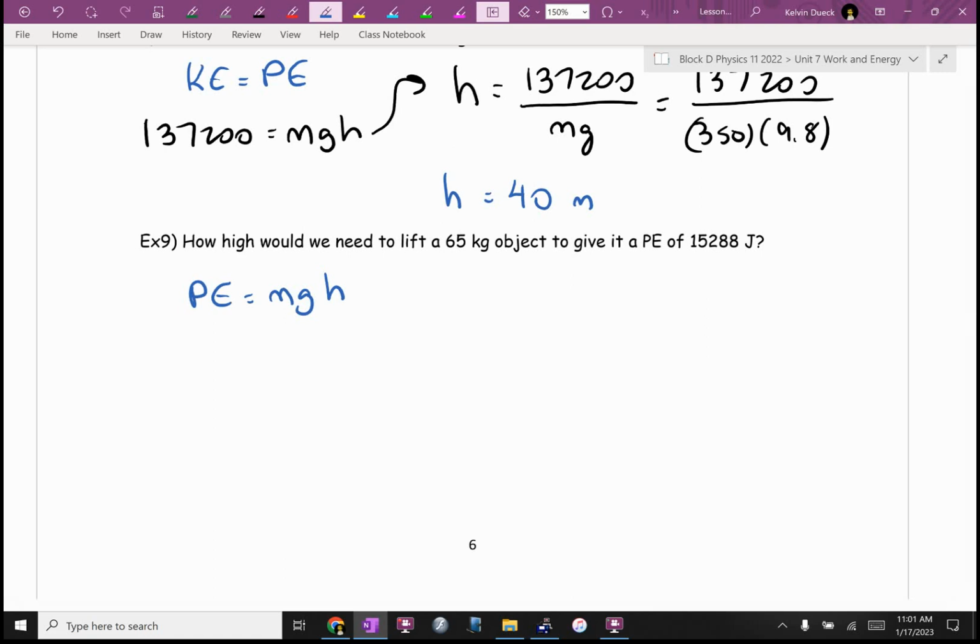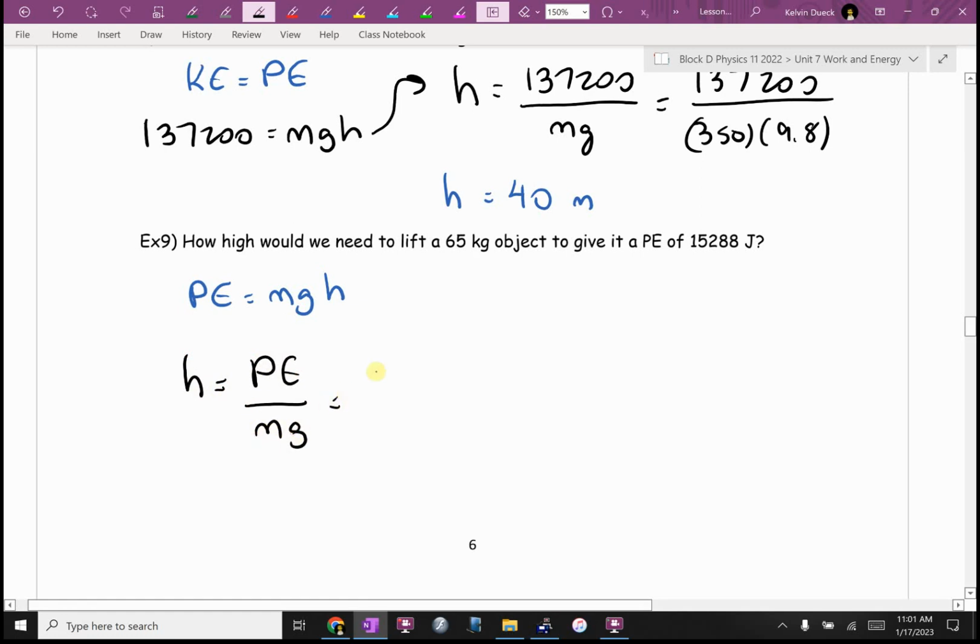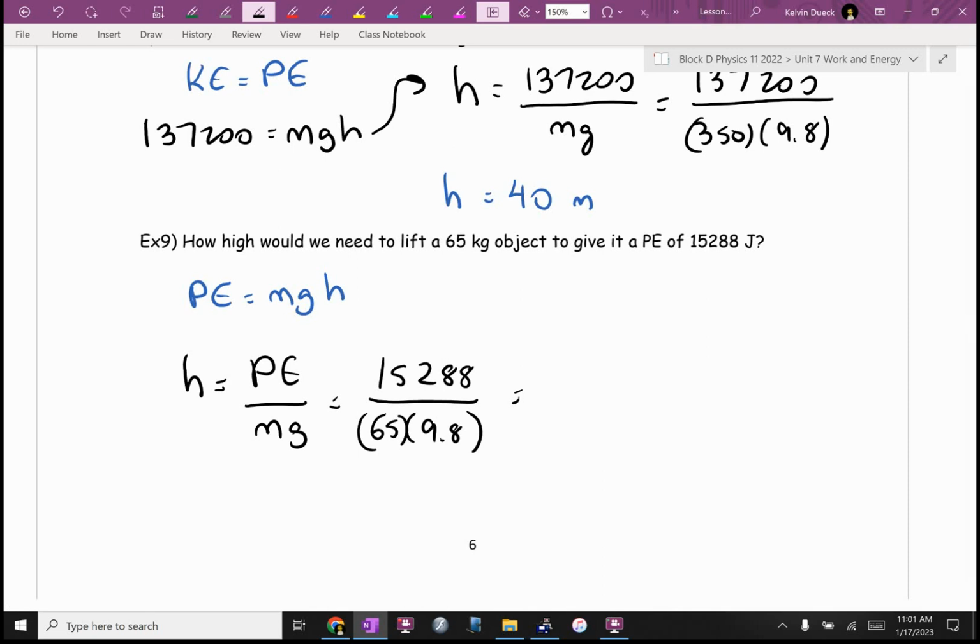I'll divide it over. H is going to be PE divided by mg. It's going to be 15,288 divided by 65 times 9.8. Should be 24. Anybody else? Yeah.